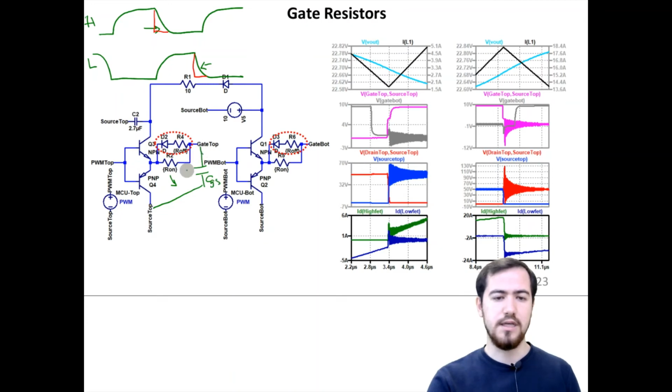It's connected to here. However, when it comes to turn off, the diode gets activated. So we are paralleling these two resistors, and this causes a significant reduction in the turn off period, which means that we are able to use our switching period in a more proper way.